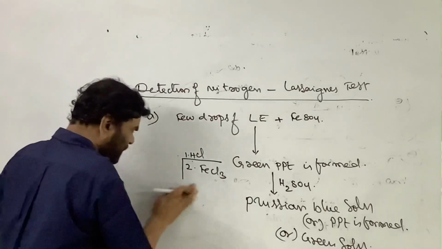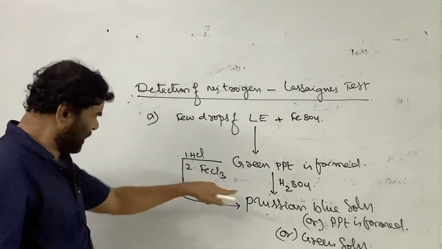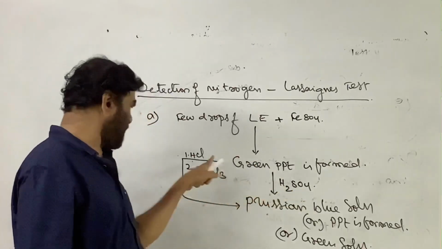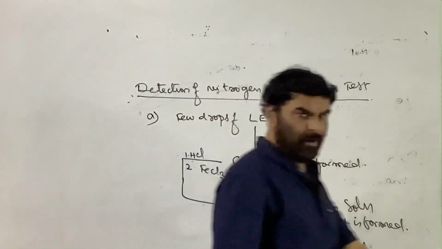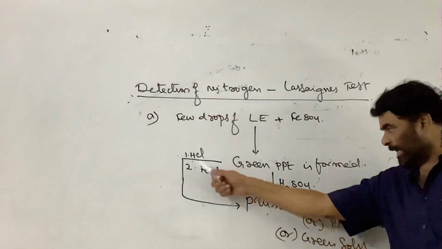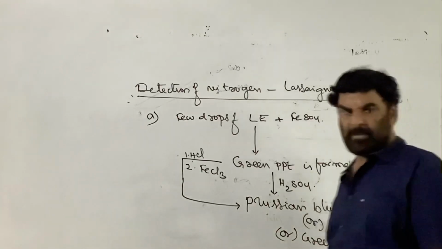This indicates the Prussian blue color. You can use sulfuric acid or HCl followed by ferric chloride. Any of these tests gives a Prussian blue color.